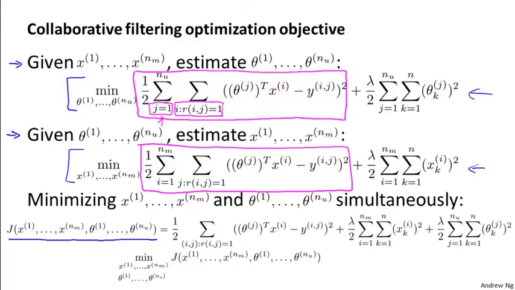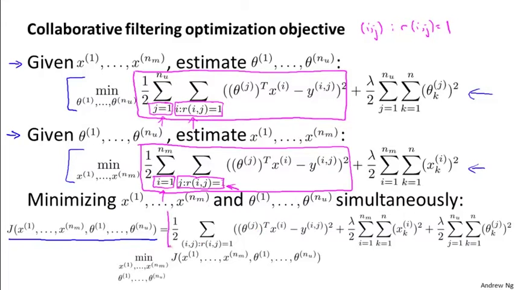It's a sum over j, says for every user, sum over all the movies rated by that user. This summation down here just does things in the opposite order. This says for every movie i, sum over all the users j that have rated that movie. And so both of these are just summations over all pairs ij for which r of ij is equal to 1. It's just summing over all the user movie pairs for which you have a rating.